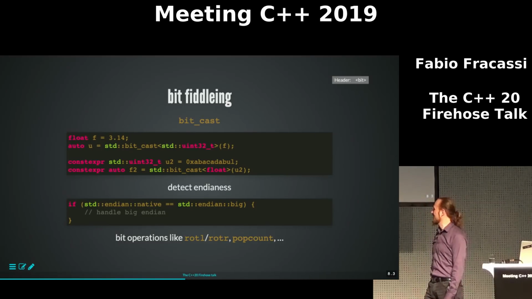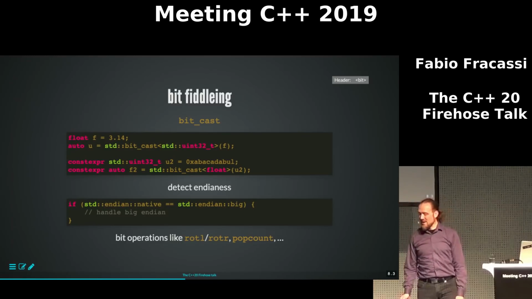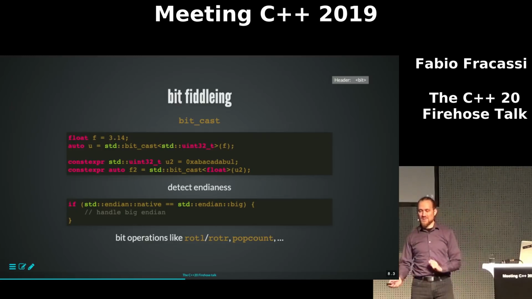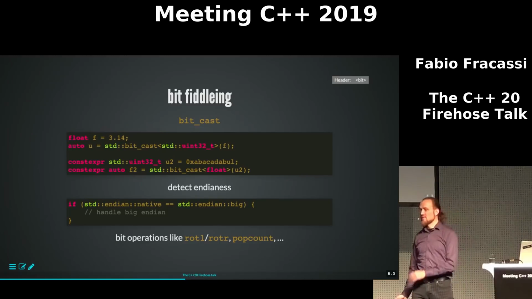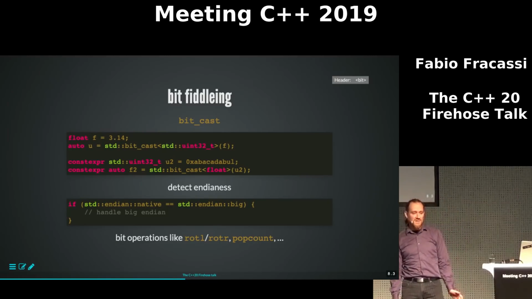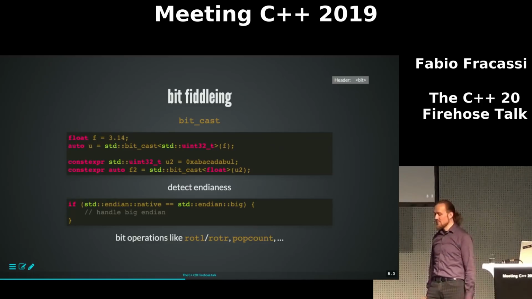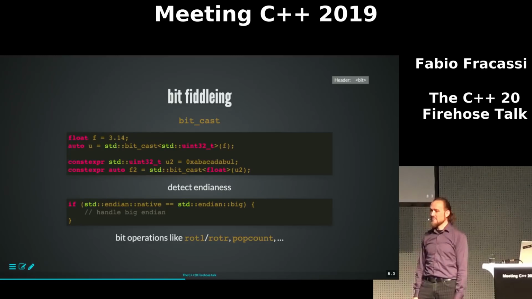It took very little time. And we also have a few bit operations that work on just bit fiddling, rotate left, pop count, things like that. Those are very thin wrappers basically over assembly instructions that you sometimes need for very efficient code for cryptography or things like that.